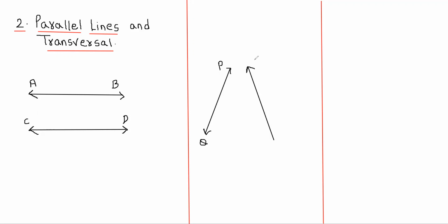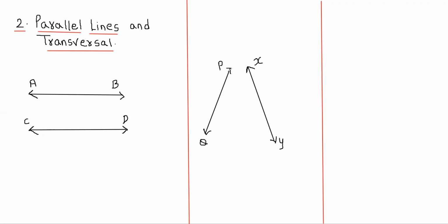Now, when you look at line PQ and line XY, students, do they intersect? At the moment, we can't see them intersecting each other.